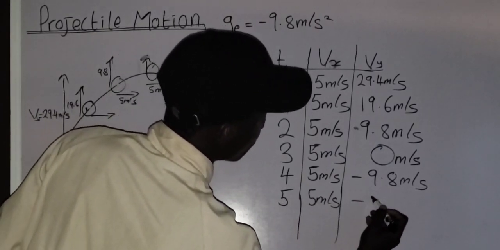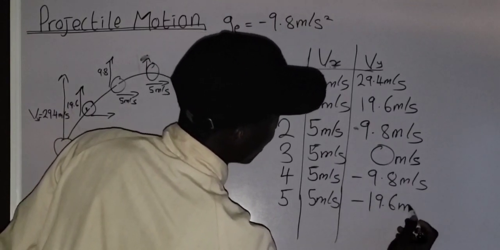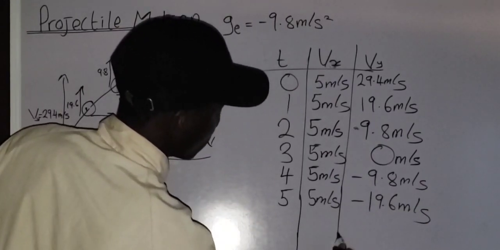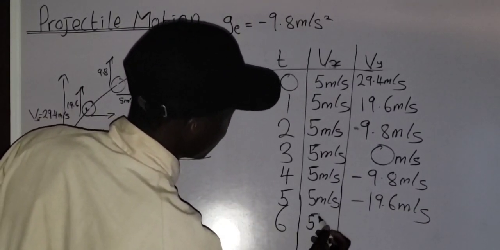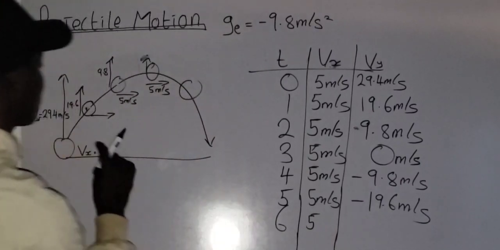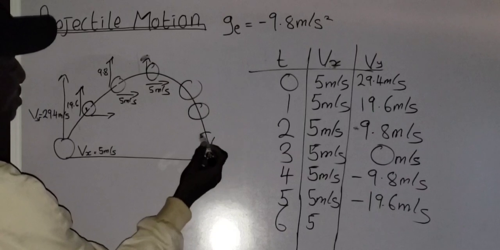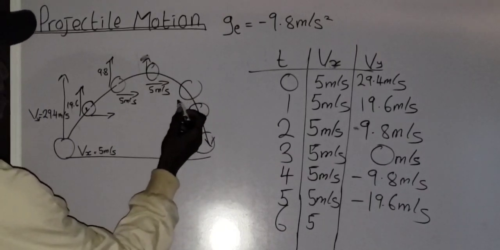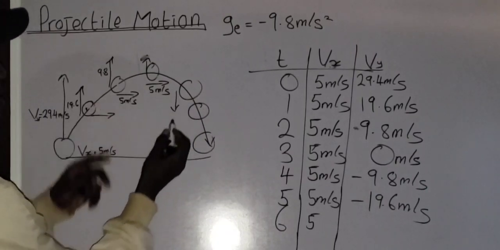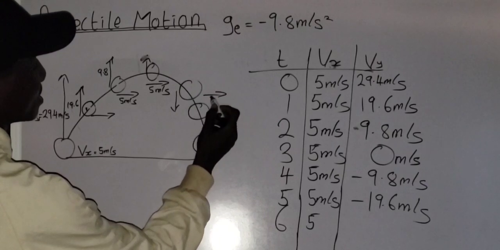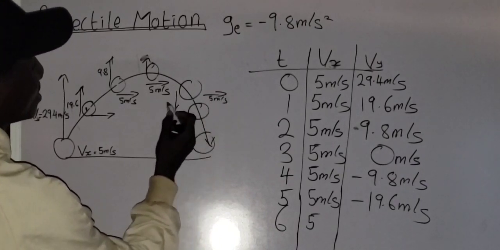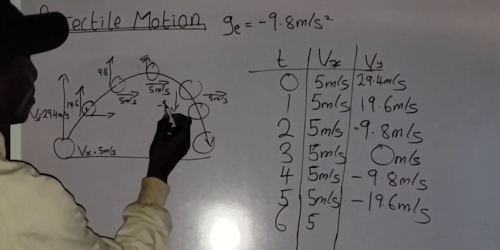The velocity here will be minus 19.6 meters per second. So for the 6th second, 1 2 3 4 5 6. Do you understand? So along the x-axis, 5 meters per second, and minus 9.8.